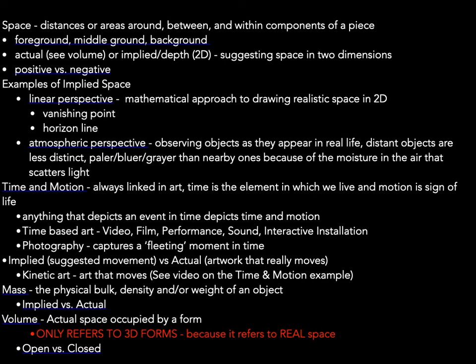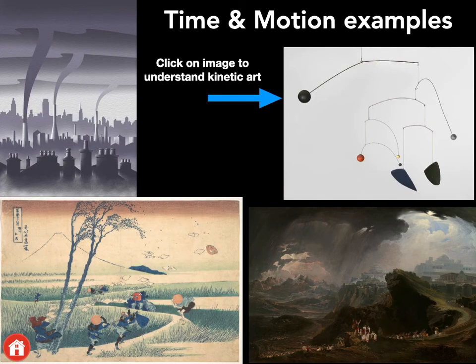We discuss implied motion versus actual motion. Implied is movement that's suggested. Artworks that actually move fall into the category of kinetic art. The definition is art that moves. And so here I have a few examples. In the top left, we have pollution in this abstract graphic style painting.